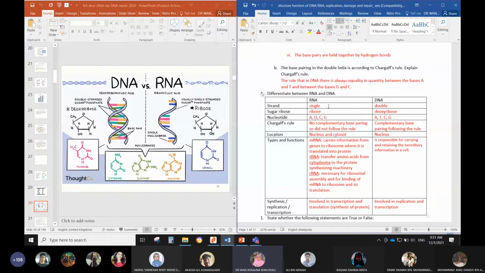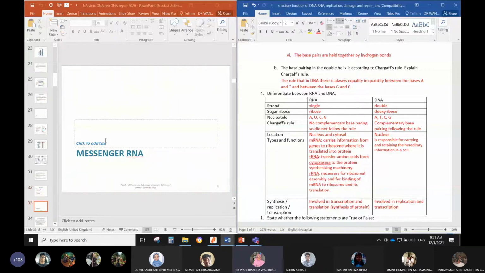Then for the synthesis, replication, transcription. Maybe the question is not really clear, but it is about involvement in the synthesis, replication, or transcription. So RNA is involved in transcription and translation, particularly in the synthesis of protein. And DNA is involved in replication and also transcription. It is not involved in translation. The whole story of this is very interesting.